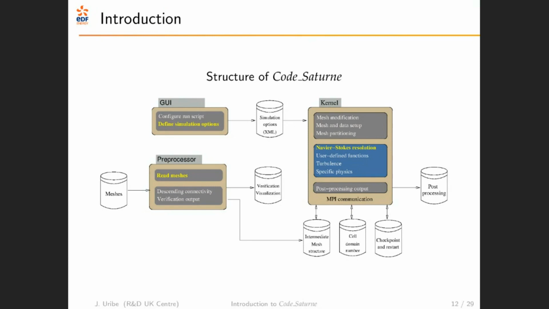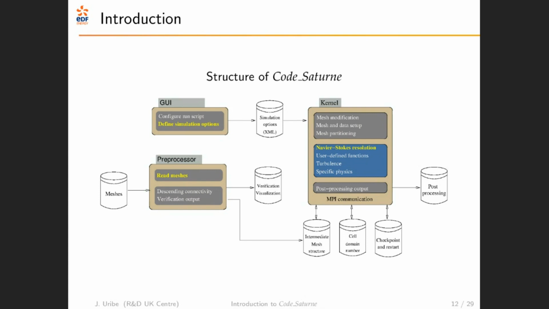Once you supply a mesh to the code, it goes through the preprocessor and creates what is an intermediate mesh structure. That's an internal file in which this mesh has been transformed into all the information that Saturne requires, like face centers and normal vectors and connectivity and things like that, which are not necessarily present in all the mesh formats.